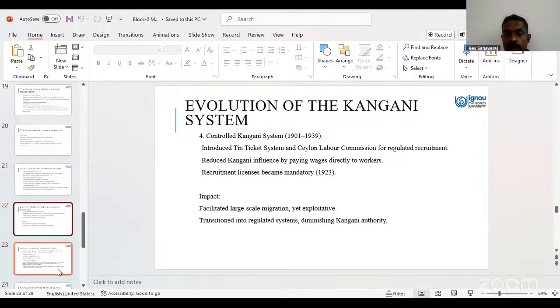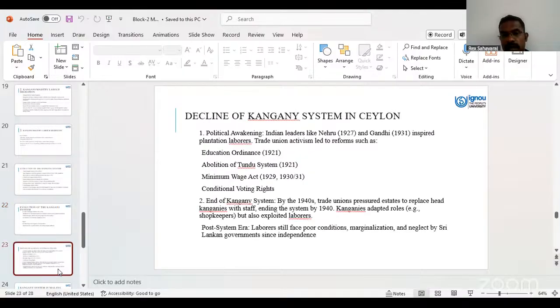So the Kanganis were not able to pay the wages directly to the workers. The recruitment license became mandatory, right? So they brought a kind of check and balance. The impact: it facilitated large-scale migration yet was exploitative, and transitioned into a regulated system, diminishing Kangani authority.